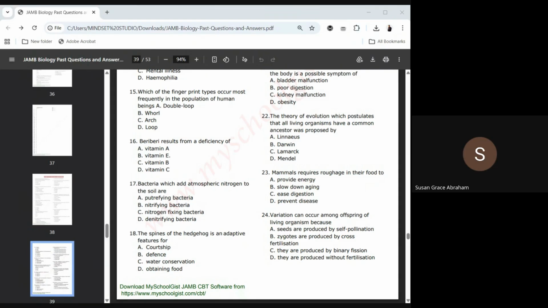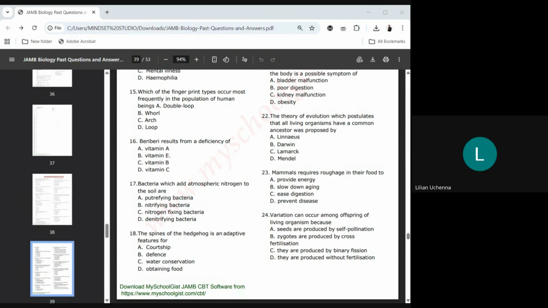Is the most common O? That's what is common. About 60-something percent of people have it. But that doesn't mean we have the same. Whorl. What is the answer? B. Okay. Number 17.